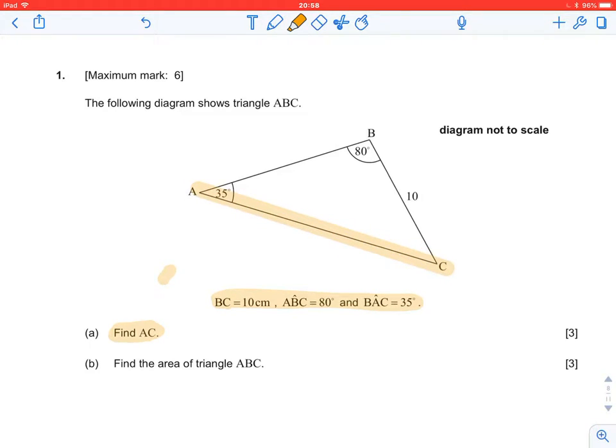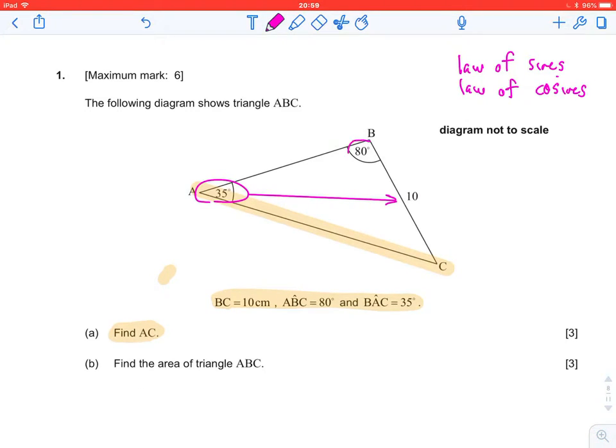Now let's talk a little bit about the methods that we have available to us when we're trying to find sides in a triangle. You know that we have law of sines and we have law of cosines. In this particular case, what you should notice is that we have an angle of 35 degrees that is opposite a side whose length we know, that's this 10.